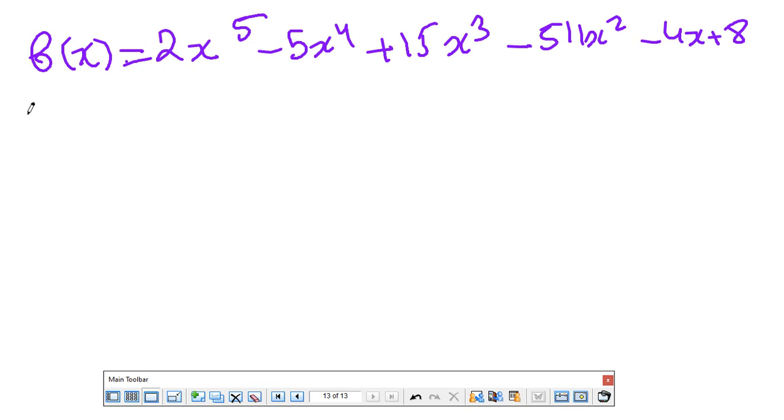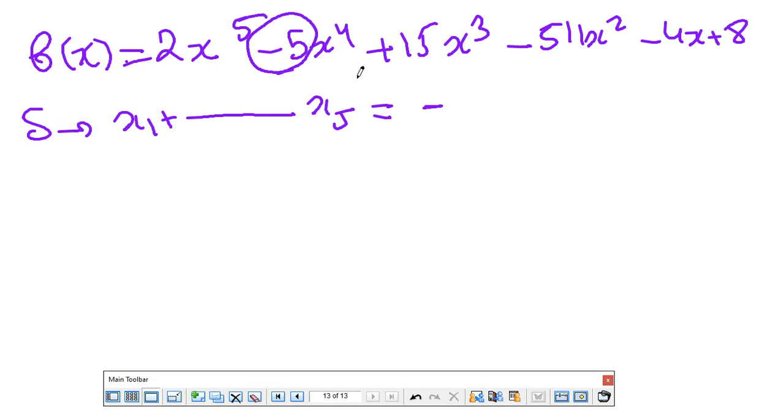If I want to find the sum of the roots, I'm doing x1 plus till x5, so it's equal to minus, I take this coefficient here, minus 5 over the coefficient of the highest degree, 2, so the answer is 5 over 2.